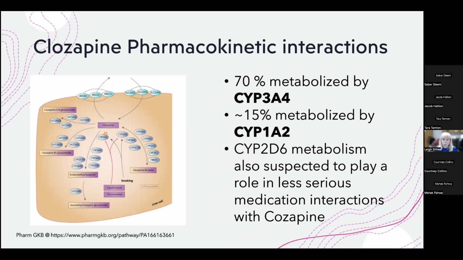So we've got to avoid 3A4 inducers and inhibitors. Can you all think of any 3A4 inducers that come to mind? Anybody? Tegretol. Tegretol, yes. Any others that come to mind?